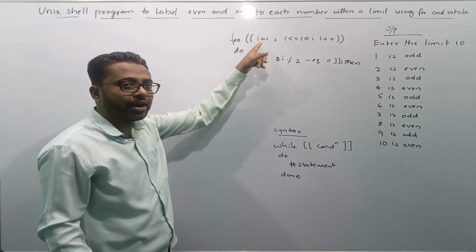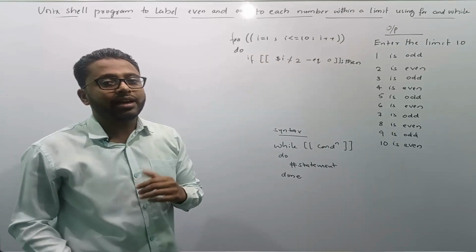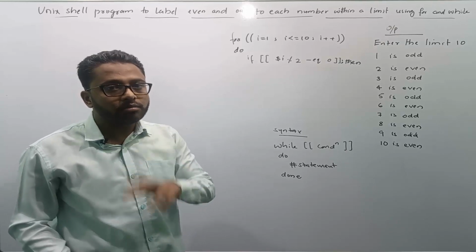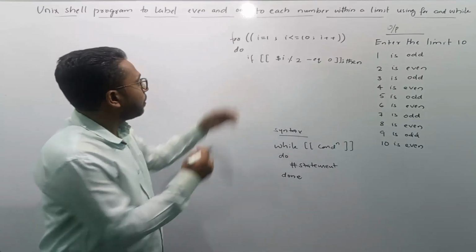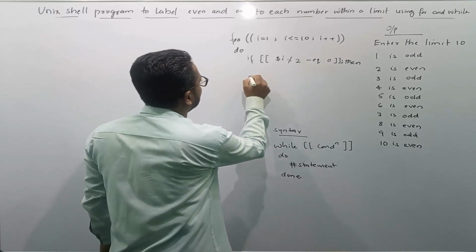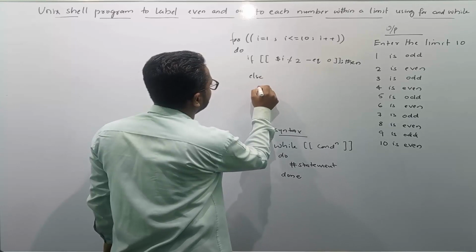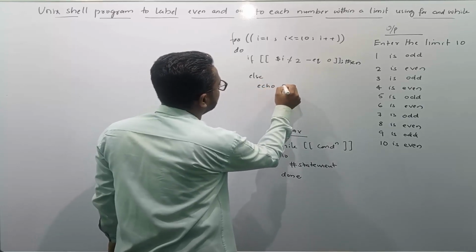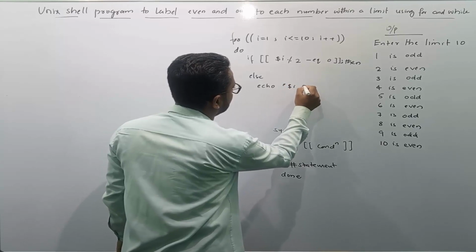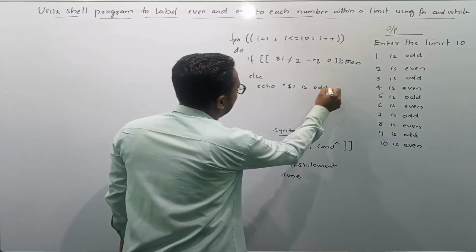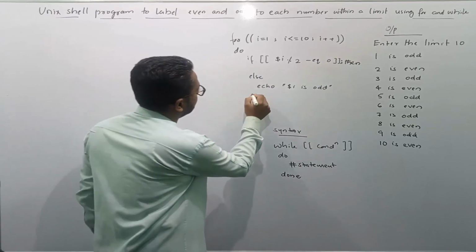Initially the value of I will be 1. 1 mod 2, no, we can't divide 1 completely by 2, so it will give us a remainder. That's why we come to the else part where we print echo $I is odd.